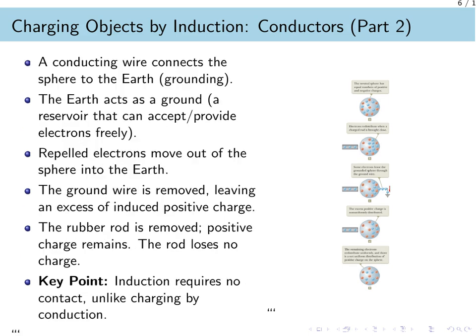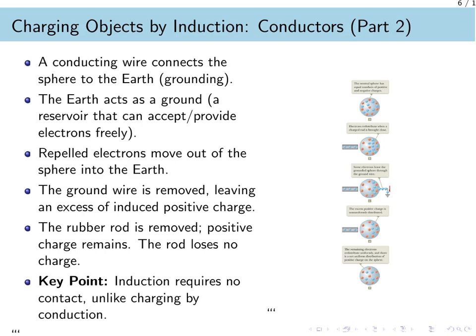Continuing the induction process, we now connect a conducting wire from the sphere to the earth, a step known as grounding. The earth acts as a ground, which is a vast reservoir that can freely accept or provide electrons. Because of the strong repulsive force from the nearby negative rod, some electrons leave the grounded sphere and move down through the ground wire into the earth.